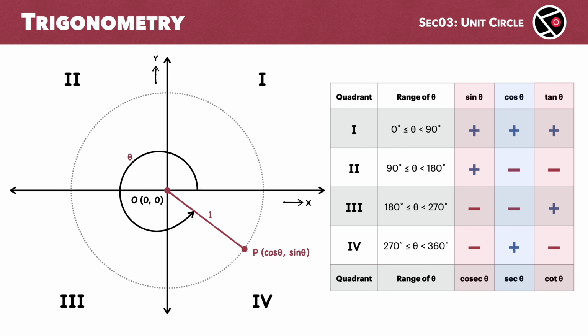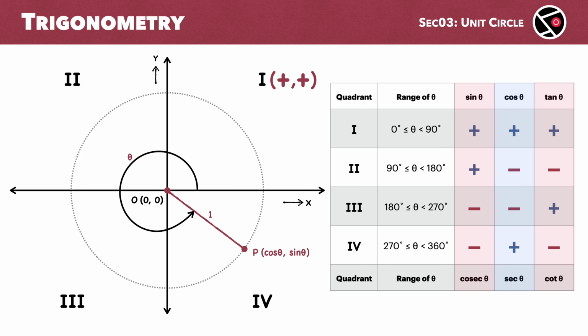Last, but the most important point, don't try to memorize this chart. Just visualize the unit circle on the xy plane, and you should be able to figure out the signs of all trigonometric functions easily. A quick recap. For quadrant 1, x and y both are positive, plus plus. For quadrant 2, x is negative and y is positive.